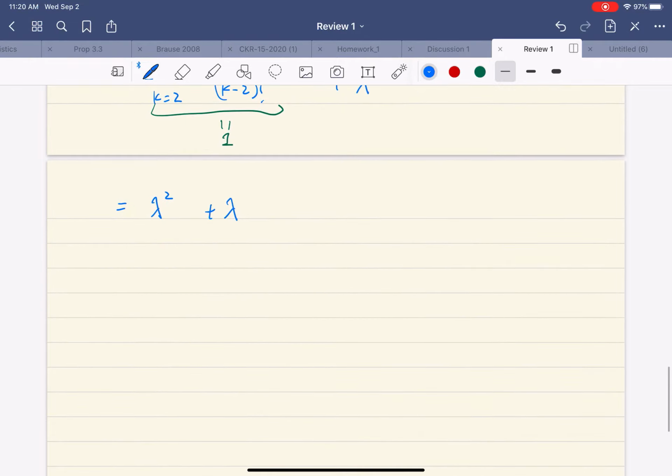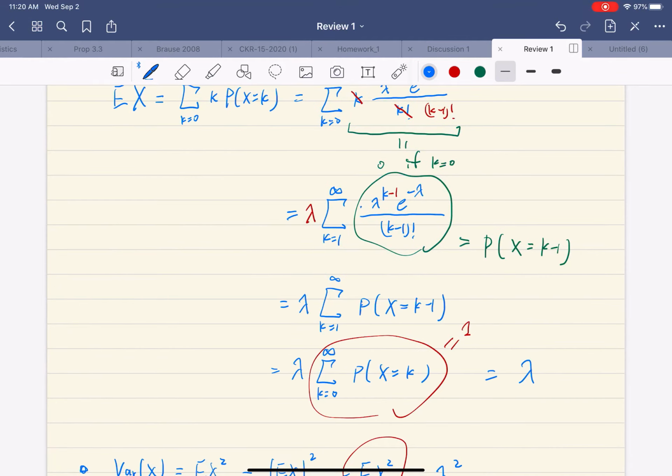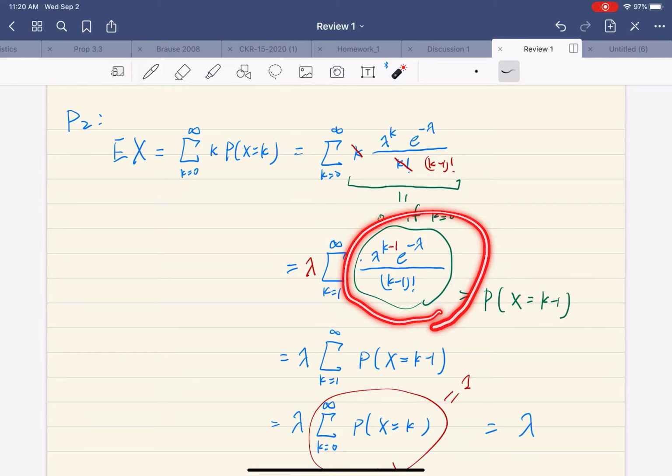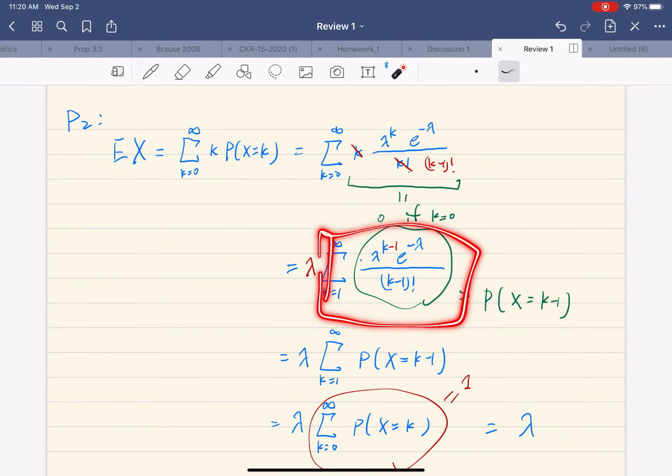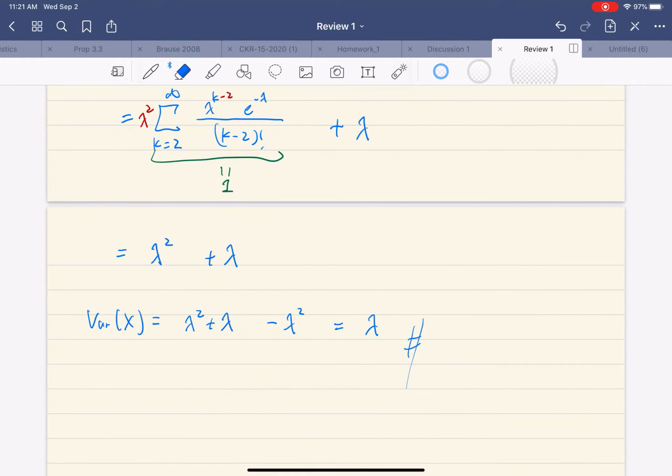So the variance of X is equal to lambda squared plus lambda minus lambda squared, which gives lambda. Okay, that's the variance and the expectation. So the key is you have to make this the sum of the PMF. Then you can say this one is equal to 1. Then you can get the average lambda and the variance of X.